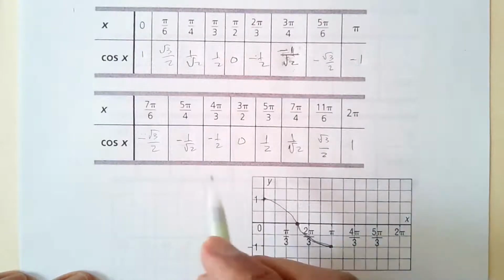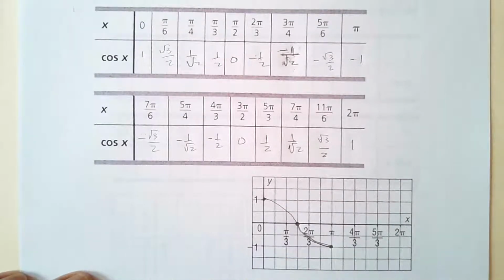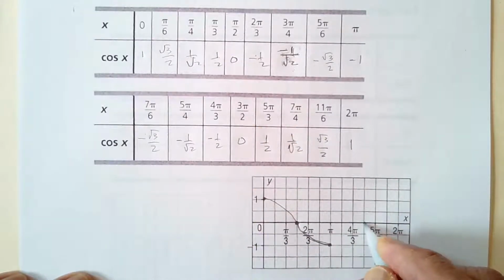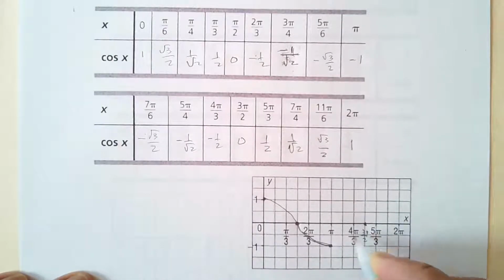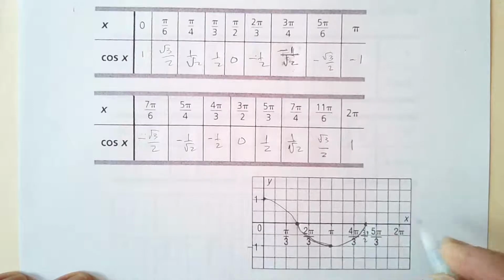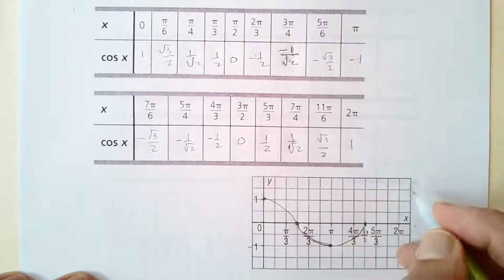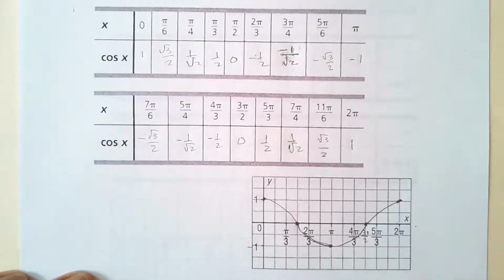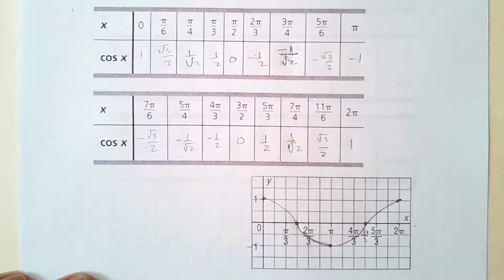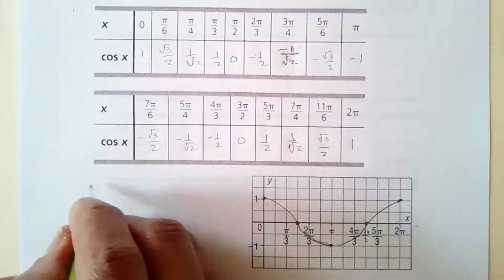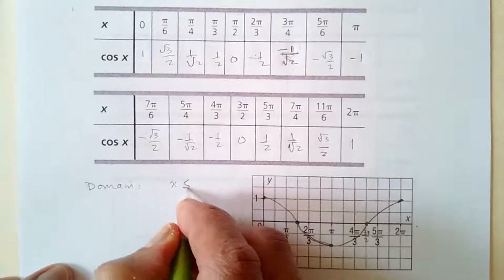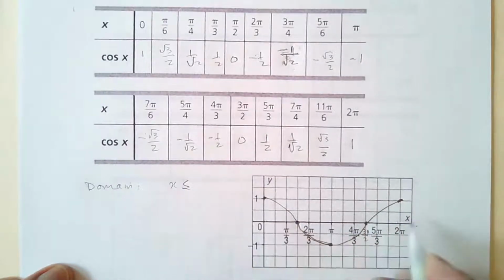And then it will repeat now. We have 3 over 2 pi, which would be right down here. This graph goes up here. And now 2 pi is equal to 1. So the domain: x is between 0 and 2 pi.